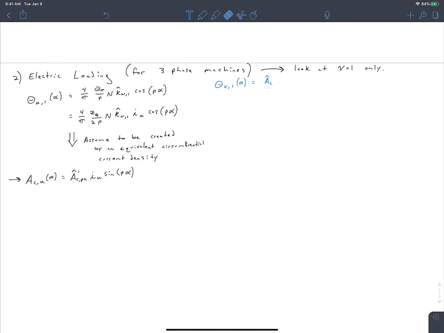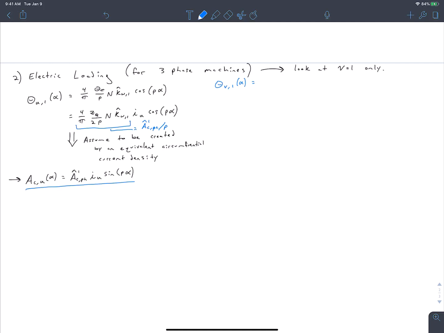Excuse me, before I write that, I want to note one more thing here. So we came up with this expression down here, and we can note that this quantity right here is equal to ACPH prime divided by the number of poles of our winding.